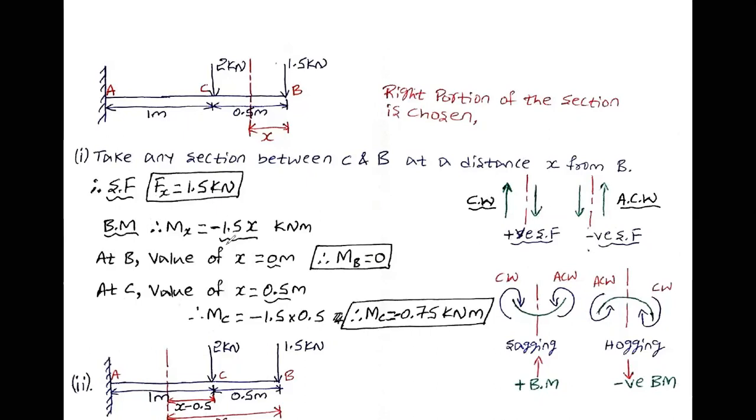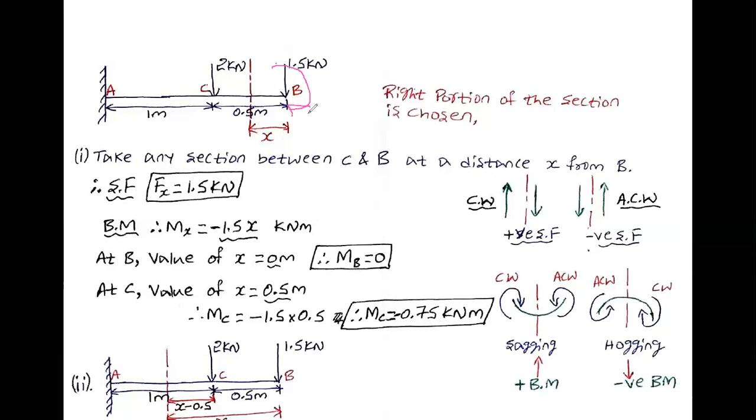Next, bending moment. All of you know that the definition is vertical load into perpendicular distance. First, I will write the bending moment equation up to this section. Vertical load into perpendicular distance. It is 1.5 into x. Now we'll see the sign. If you see on the right side, it is acting in a clockwise direction.